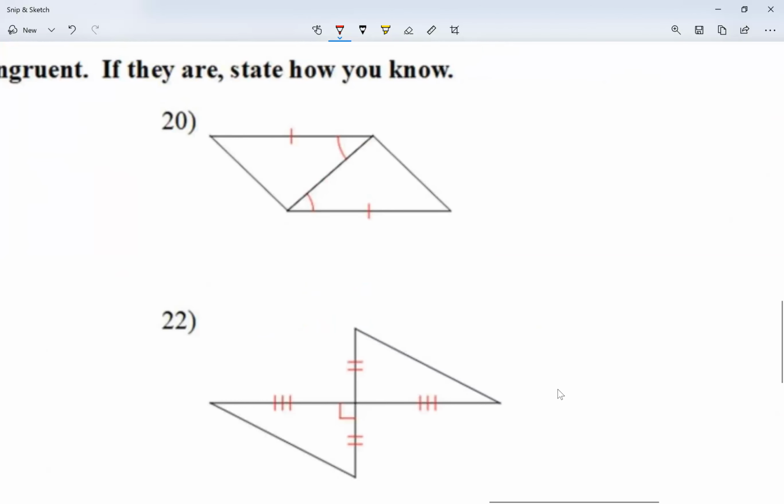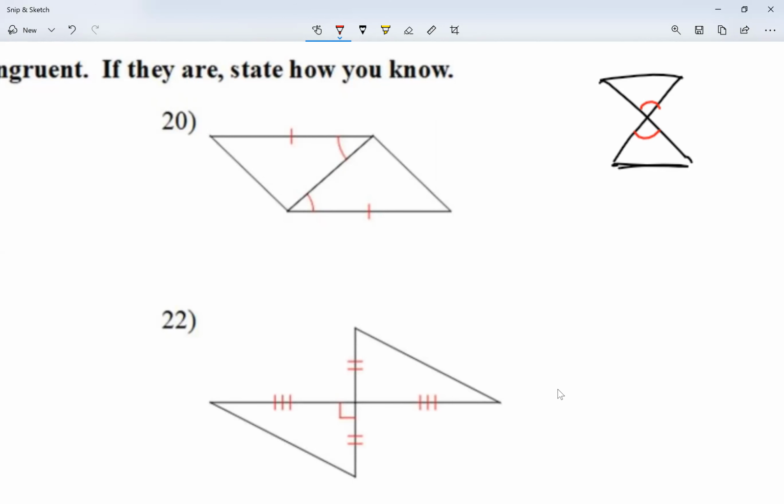Now let's take a look at number 20. A couple of things I must remember before I continue. When there's an X formed, I could have two triangles, and opposite angles are equal.